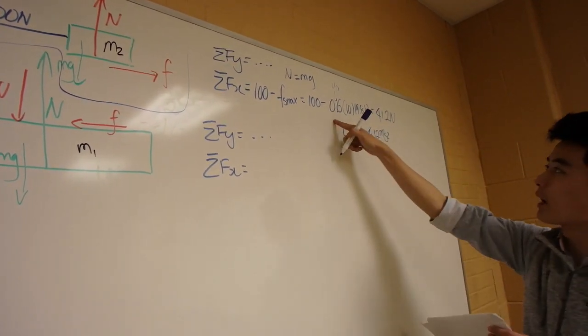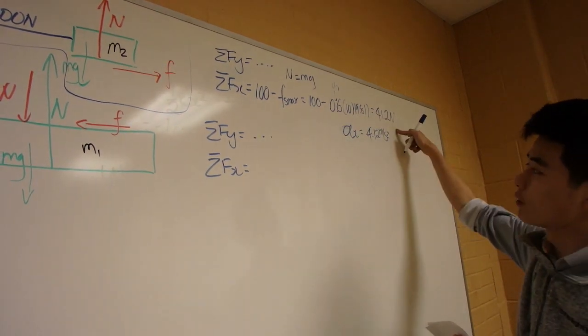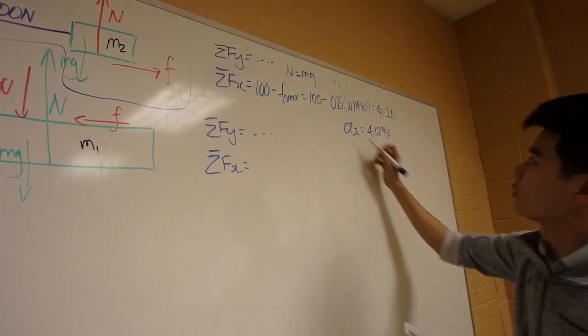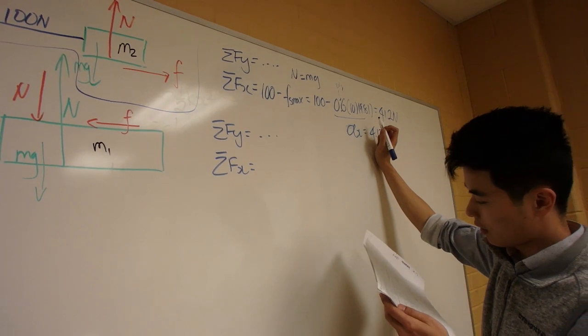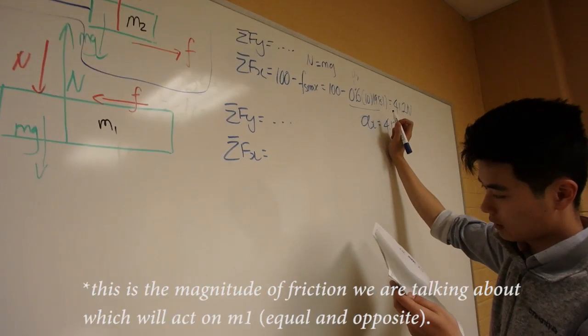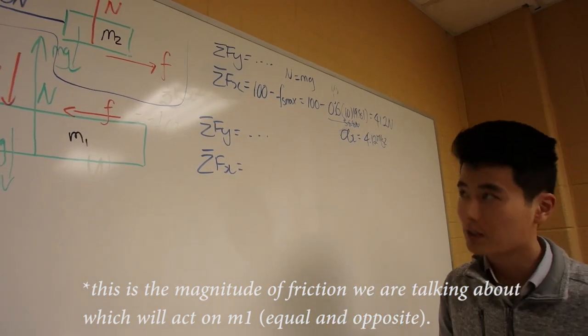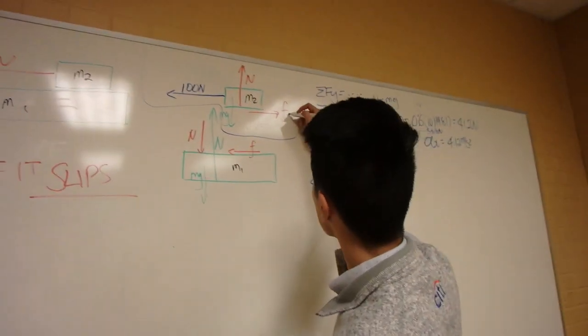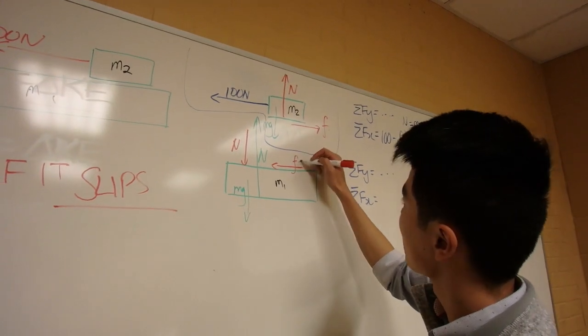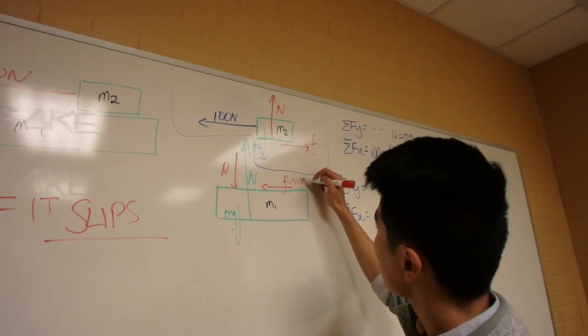This is assuming Fs max, and the sum of forces divided by the mass. Okay? We found what this value is. This value is 58.8 newtons. That's important because that 58.8 newtons is coming from here and acts in the opposite direction here, which is 58.8 newtons.